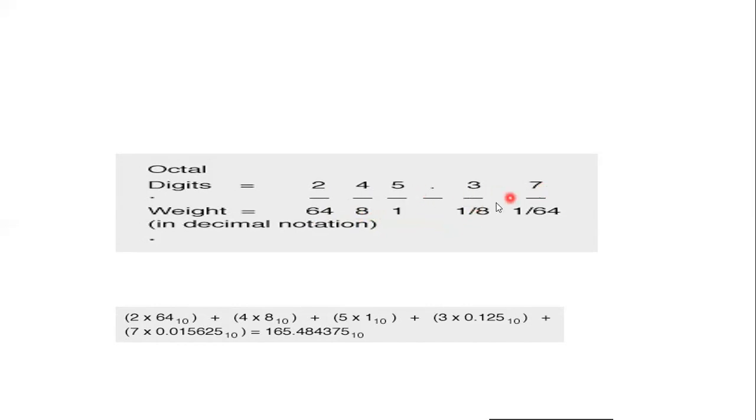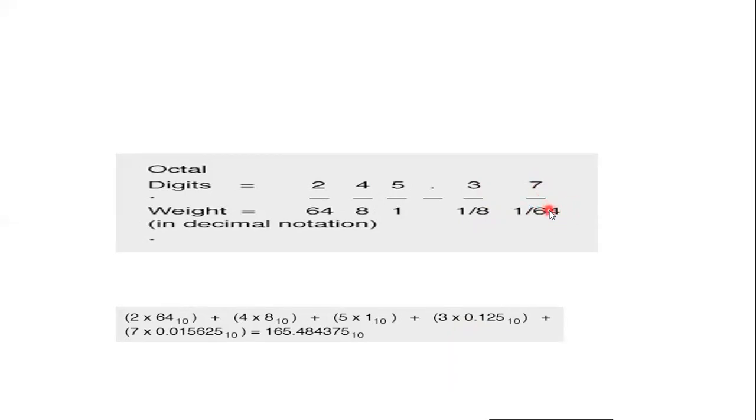Then here, 0.37. Therefore, 3 into 1 by 8. So 1 by 8 is 0.125. Then 7 into 1 by 64, that is 7 divided by 8 power 2, since 8 power minus 2 means 1 by 8 power 2, which is 64.